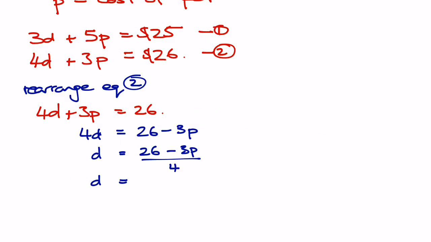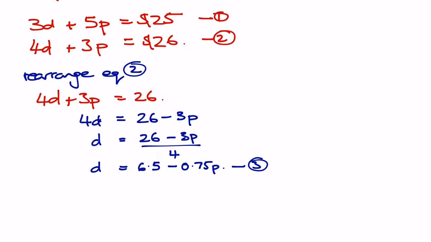So 26 divided by 4, so that divide by 4 acts on both numbers there. So that's 6.5 minus 3 over 4 P, which is 0.75P. And that there is equation 3. Now, we are going to substitute equation 3 into equation 1, because we haven't rearranged equation 1.